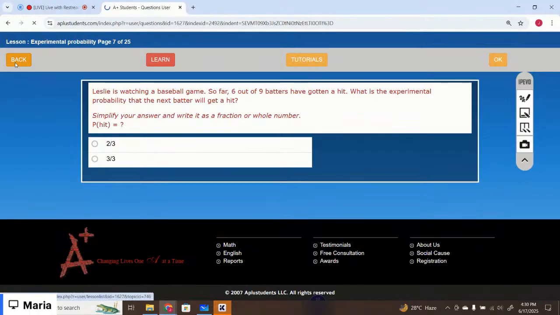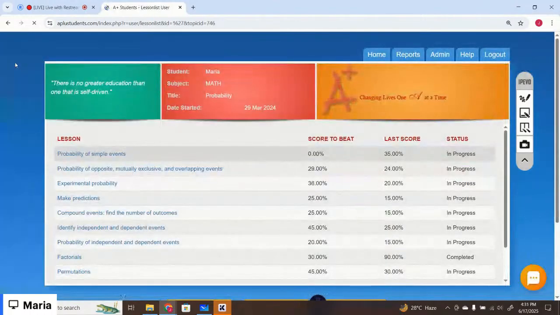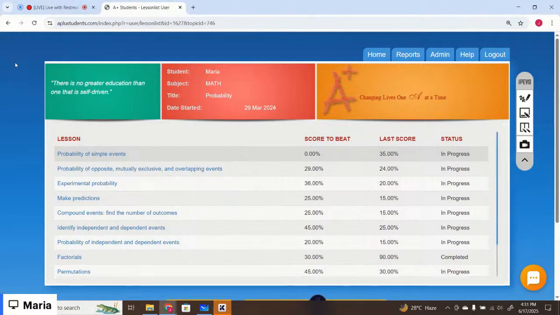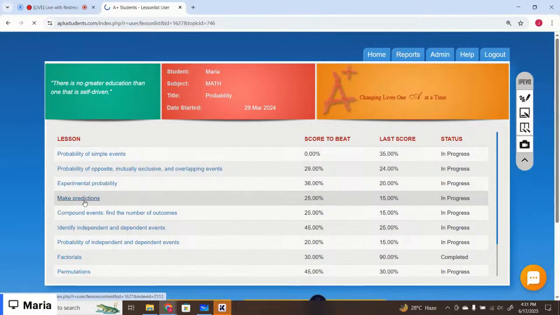Let's just move on to the next lesson. That is make predictions. So let's just start with the next lesson.